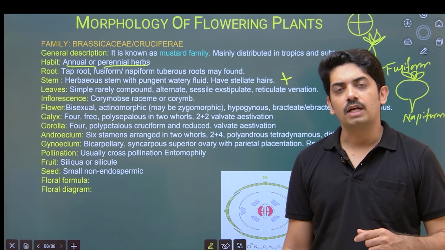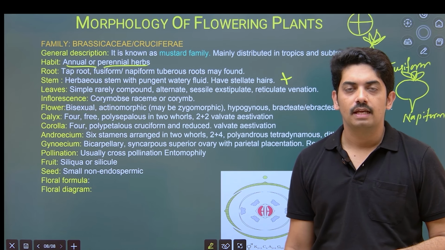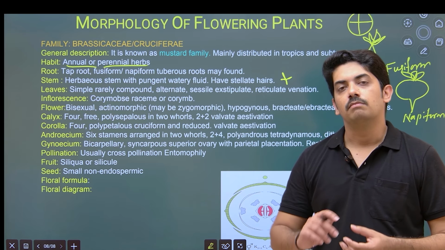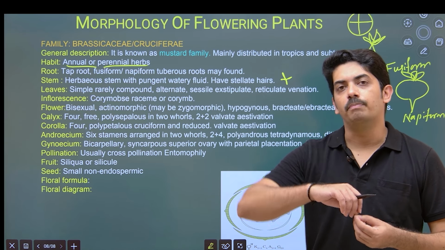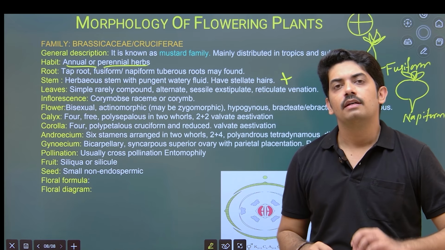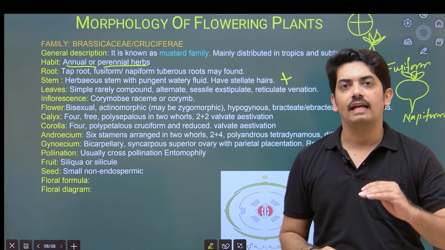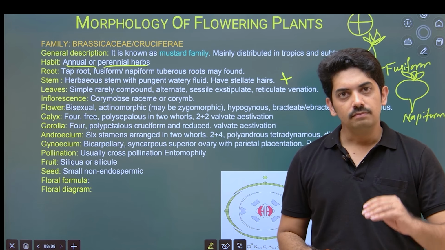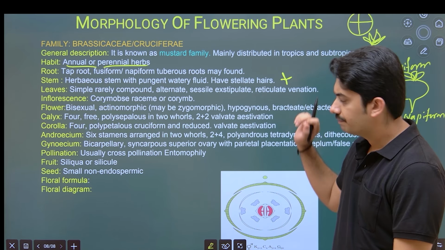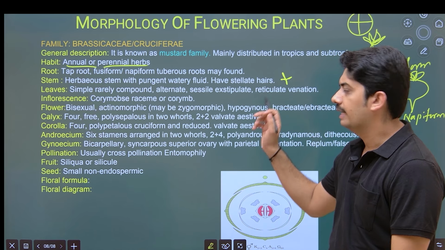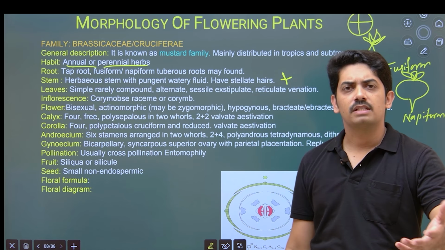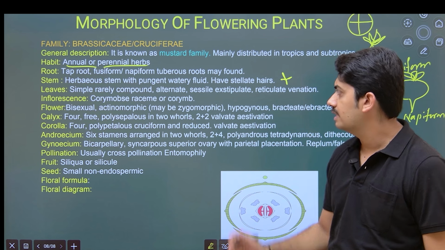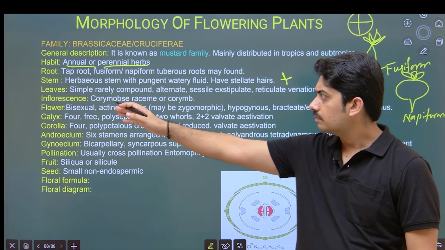But when they start to produce the inflorescence or the flower, this nodal region will undergo bolting, and you can see the clear nodal region and internodal region. At that time you can see stellate hairs. In some other family, mustard, directly on the stem you can see the stellate hairs.